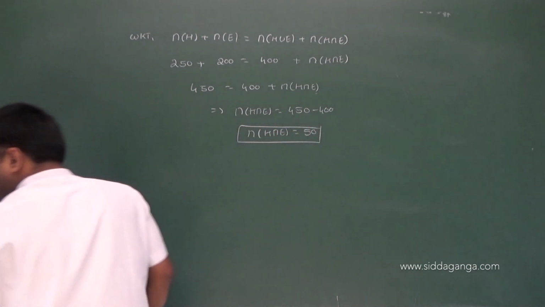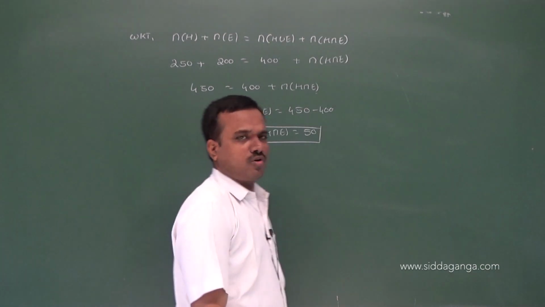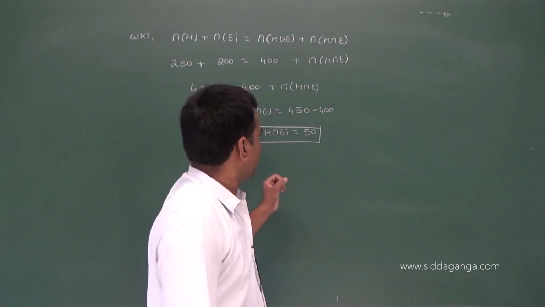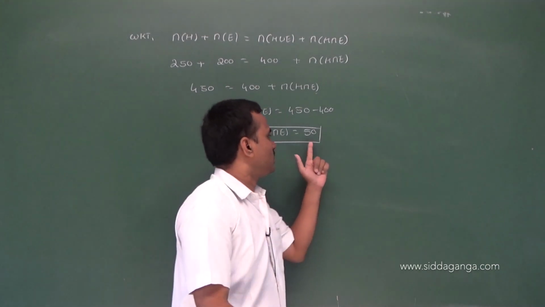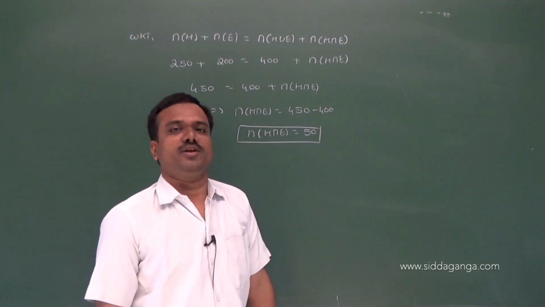That means the total number of people who can speak both Hindi and English is 50.